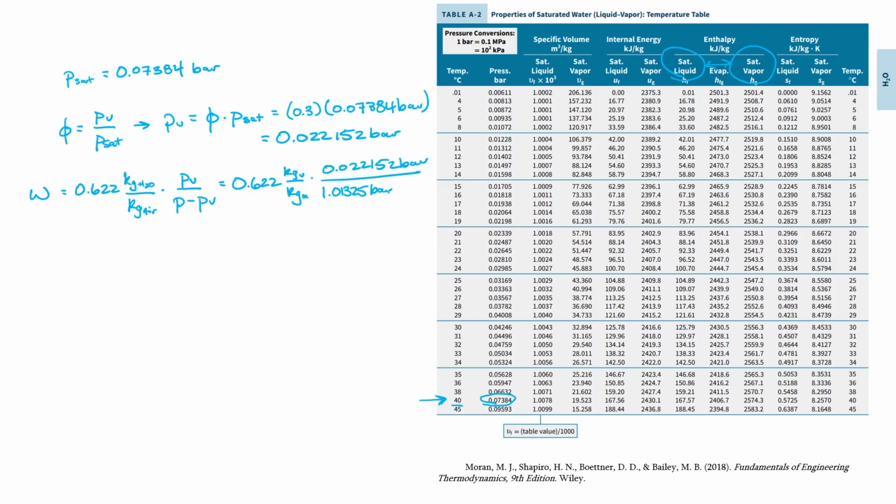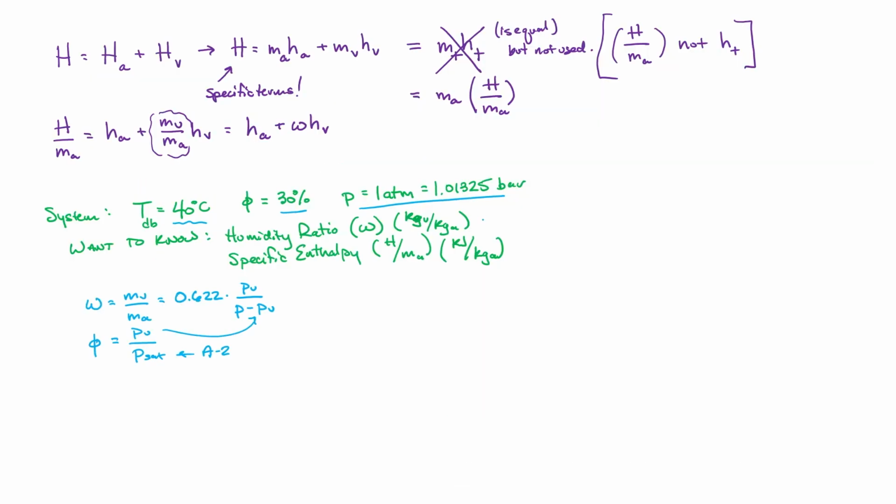That value minus my PV, which is again 0.022152 bar. And plugging all of that into a calculator, I get a value of 0.0139 kilograms of water per kilogram of air. So this is that first answer to my problem, 0.0139. Okay, and so that guy is solved.